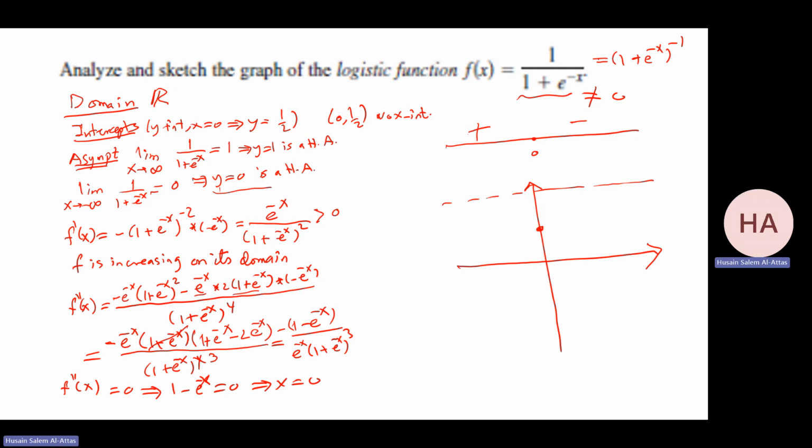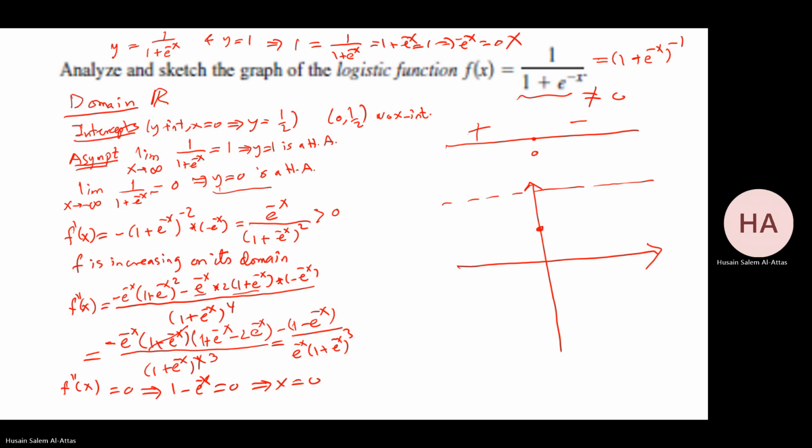But let me check with y equal 1. Will that be possible? It would require e to the minus x equal to 0, which is impossible. So this will also not be crossed.